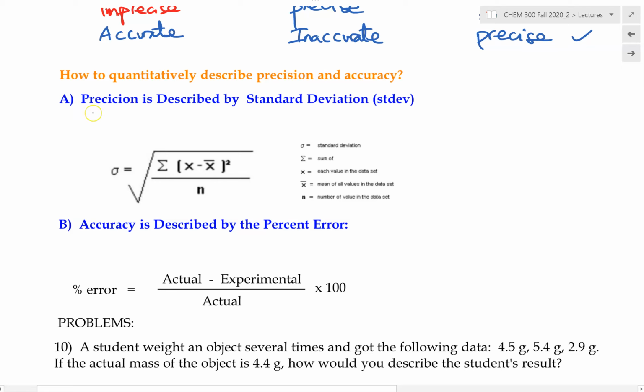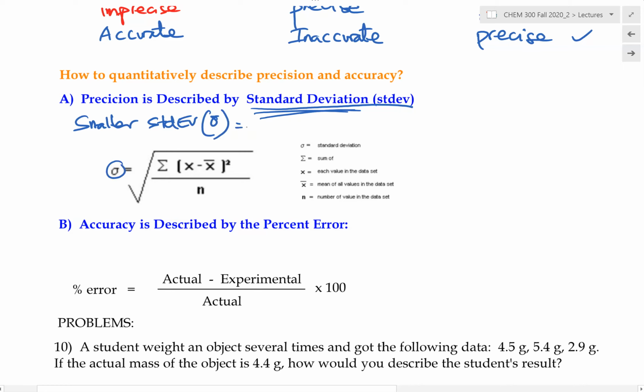First, precision is described by the standard deviation. So when we have a set of data, we need to now calculate what the standard deviation is. The standard deviation is abbreviated as STDEV, and it is also symbolized by this sigma sign right here.